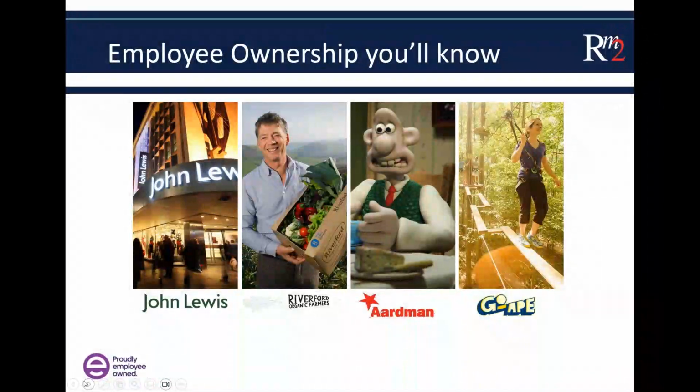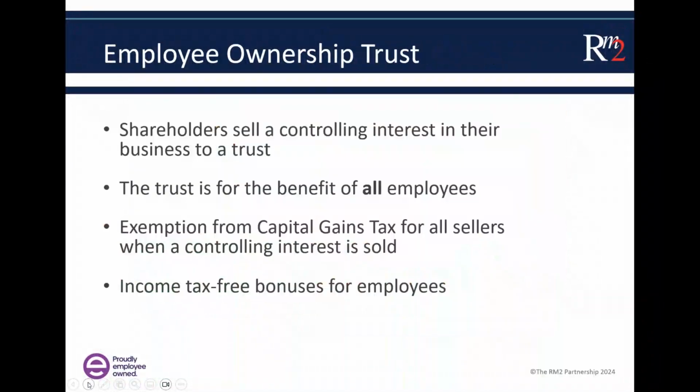Right, I'm going to go very basically into what an employee ownership trust is. An employee ownership trust is a trust set up specifically to buy a business from a shareholder, taking a controlling interest in the business. It is an employee ownership trust because the beneficiaries of the trust have to be all employees of the business.